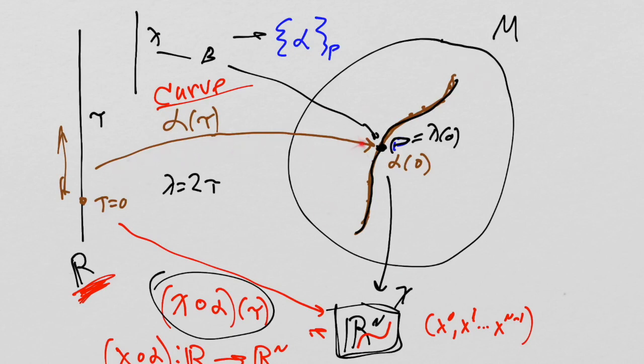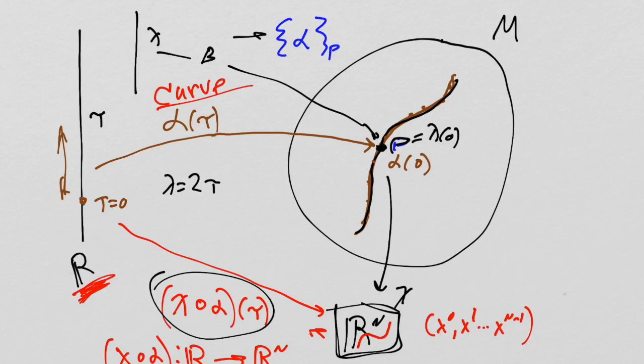In this case, the range, this function alpha of t gives you n numbers representing the coordinates of the point in M. You don't even think about landing in M and then converting to coordinates. You just say landing in M and you assume coordinates at the same time, right?